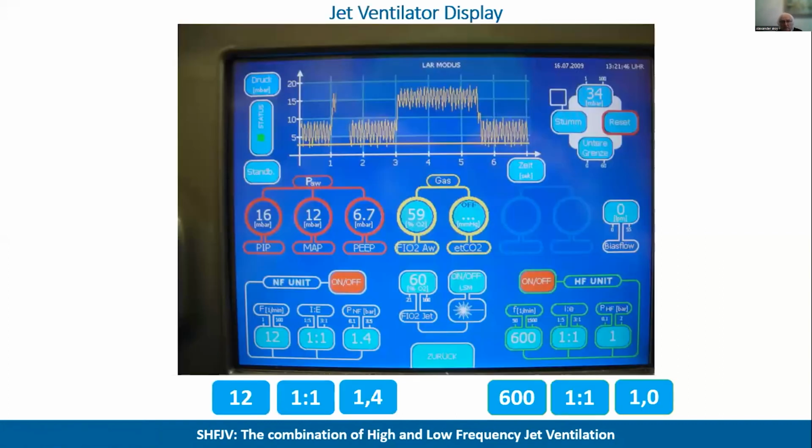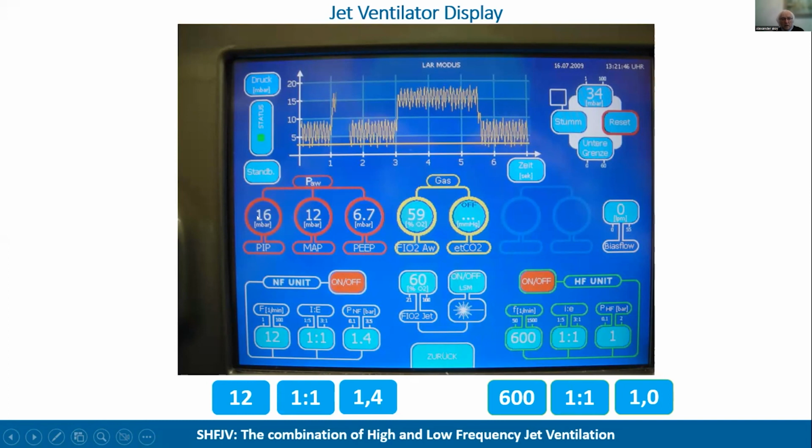You can see a typical display. You can see the expiration with the high frequency jet gas impulses, then the inspiration with the superimposed high frequency jet gas impulses. And on the left side here, you can see the adjustment for the low frequency jet ventilation: the frequency is 12, the inspiration to expiration time 1:1, and the pressure 1.4 bar.